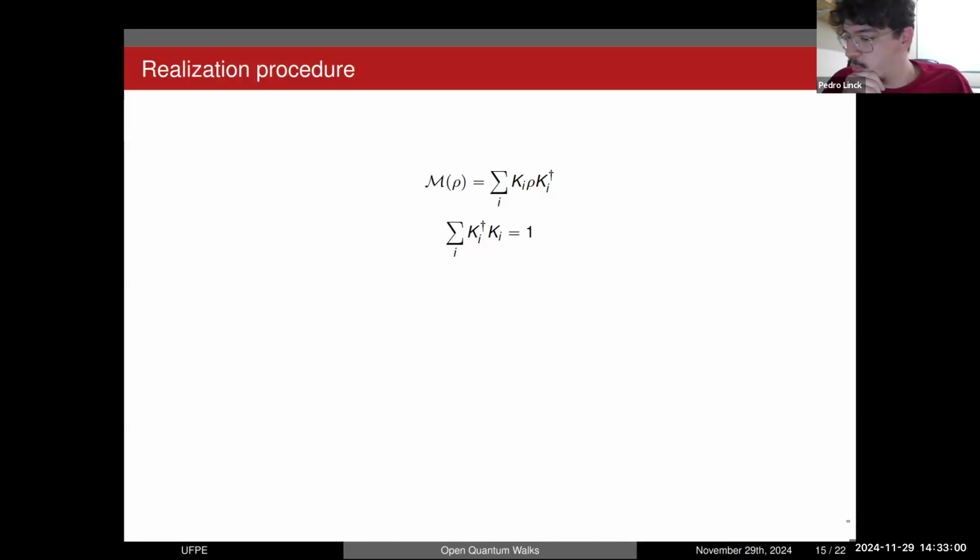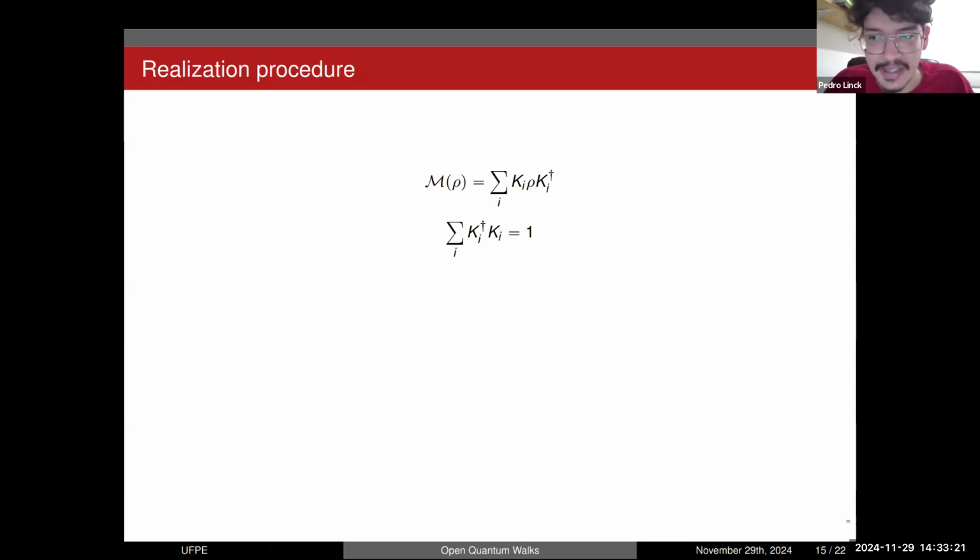We have a work with Nadia using Sz.-Nagy simulation to simulate open quantum systems, but here we are not going to go that way. We are going to explore how we can use the Stinespring procedure here.